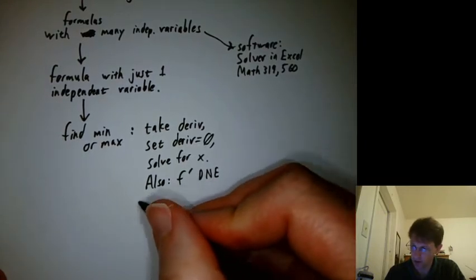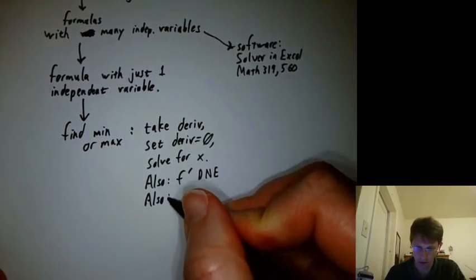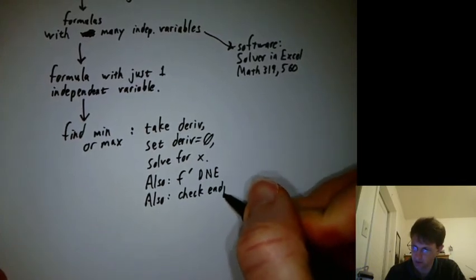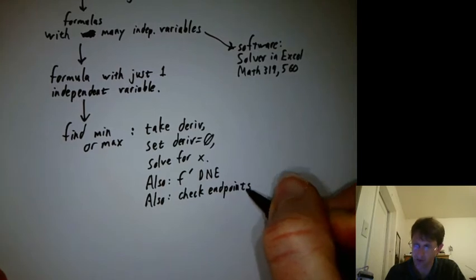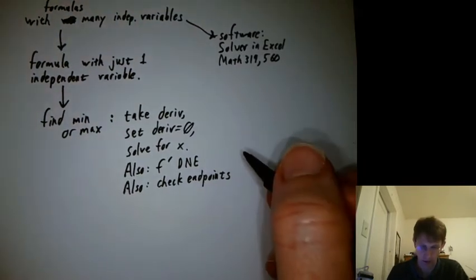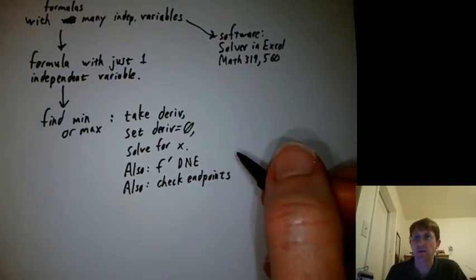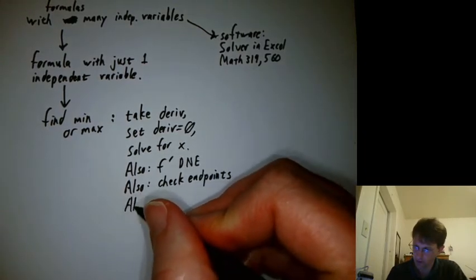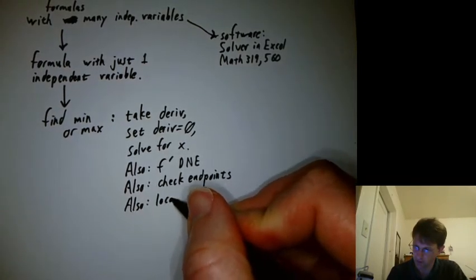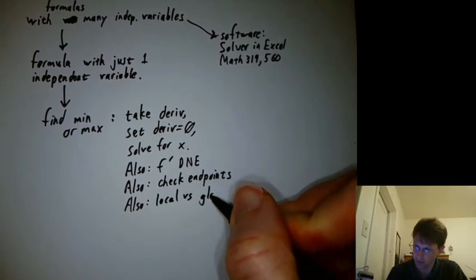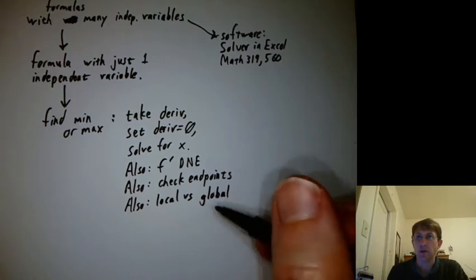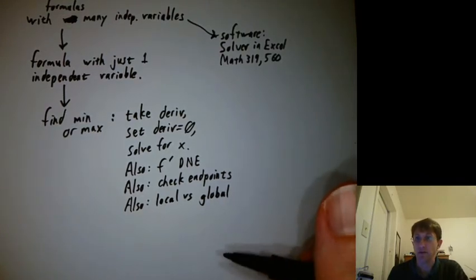We had to think about the endpoints. If we had a closed interval, we had to think about local mins and maxes versus global mins and maxes. And what's a good way to check all that? Maybe graphing it.